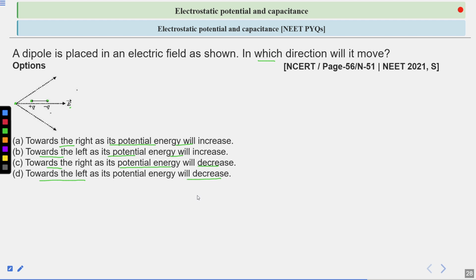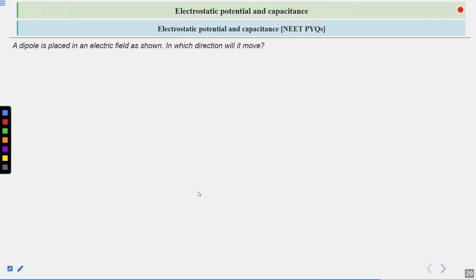I will give you some time to think about it. The correct option is C, towards the right, as its potential energy will decrease.